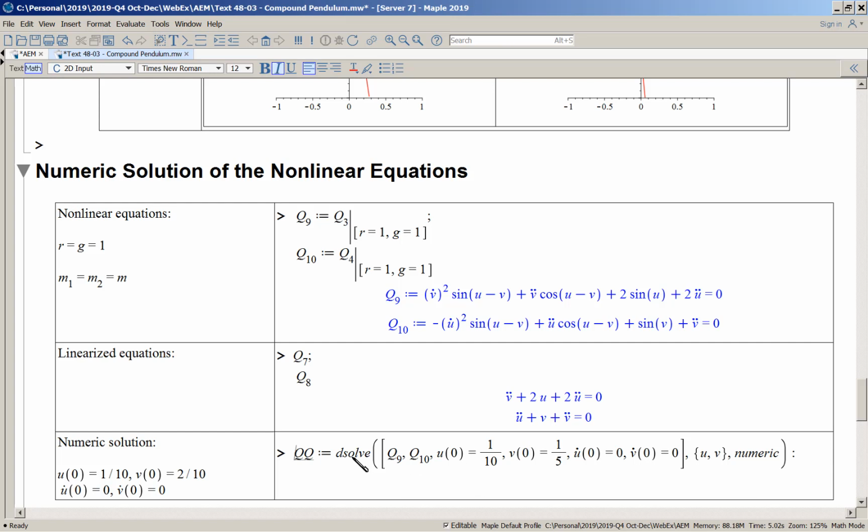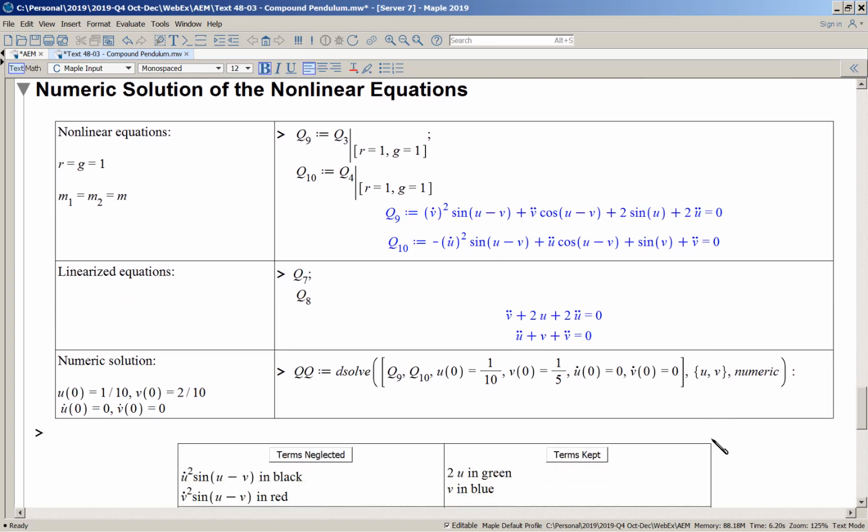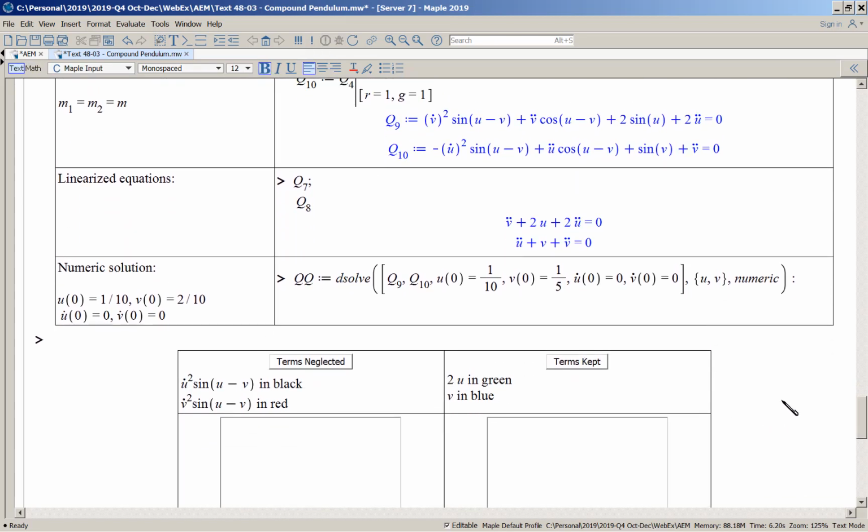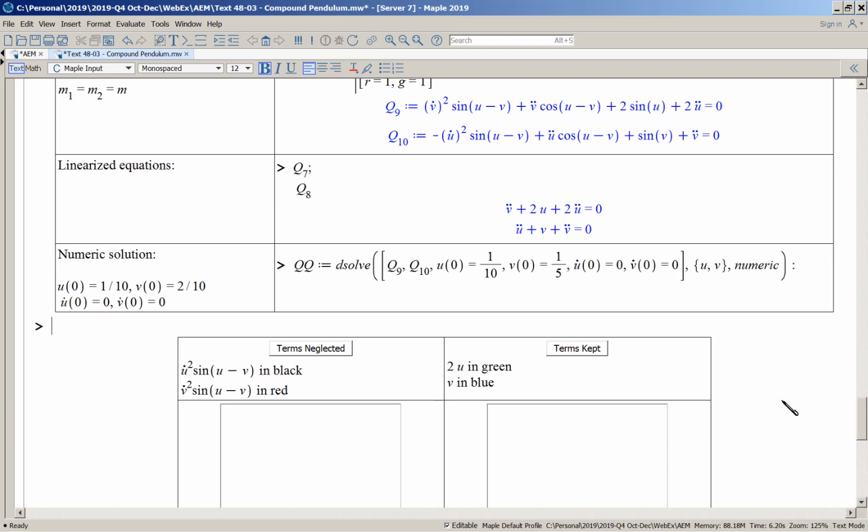I'm going to solve that system numerically. And what I want to look at is this claim that when I linearized, I neglected terms that were small with respect to the terms that I kept.